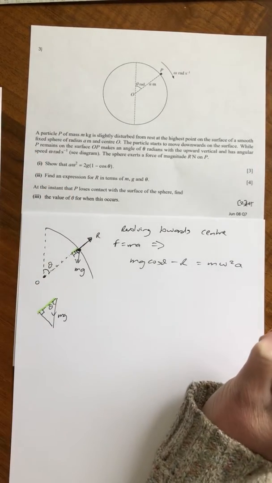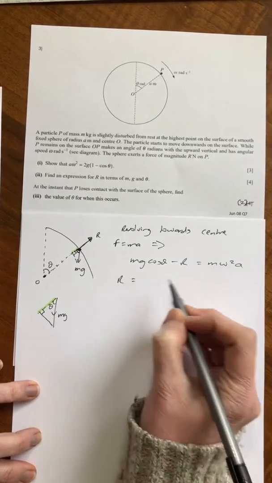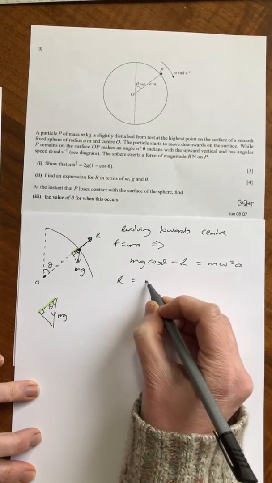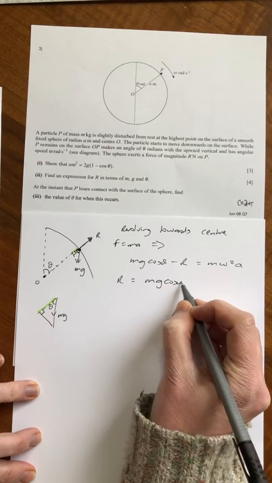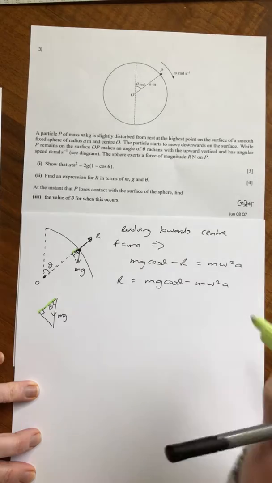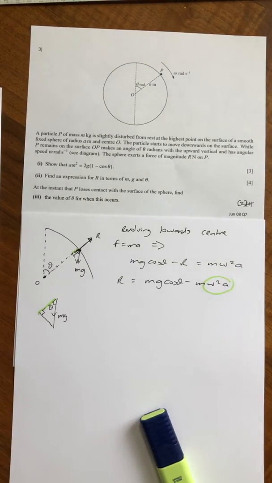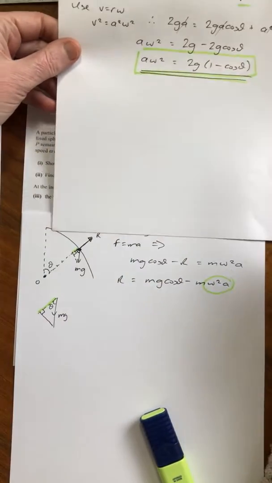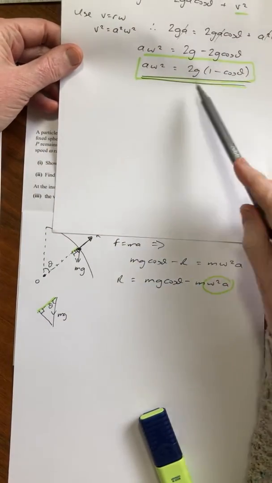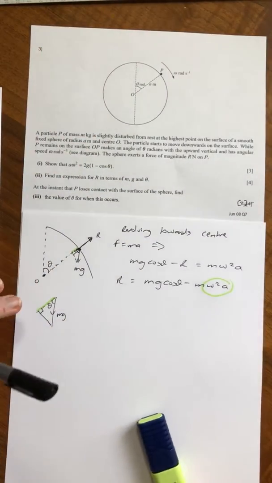And r is A. I want an expression for R, so before I do anything else, let's just make R the subject. So it'll be mg cos theta minus m omega squared A. And of course, this here is what we had in the previous part of the equation, the bit that I have highlighted there, and actually it's this bit here, isn't it, in the question.